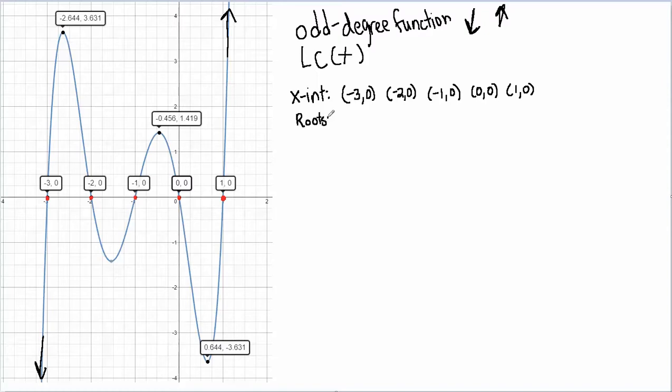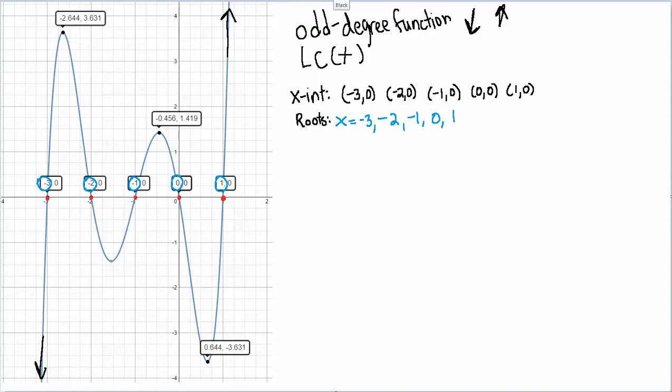Well, you have to remember that the roots are the actual x values. So in this case, it would be negative 3, negative 2, negative 1, 0, and 1. So the roots are x equals negative 3, negative 2, negative 1, 0, and 1.